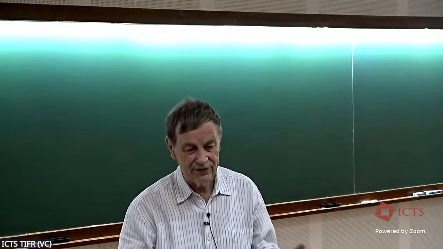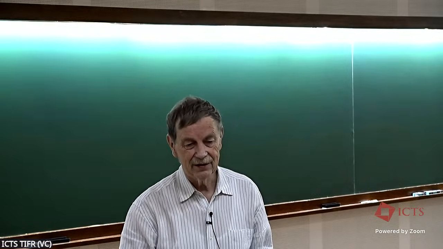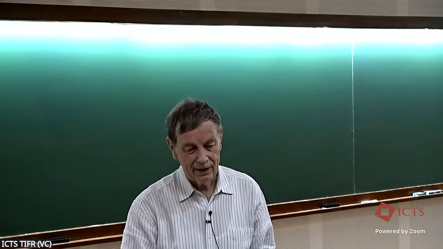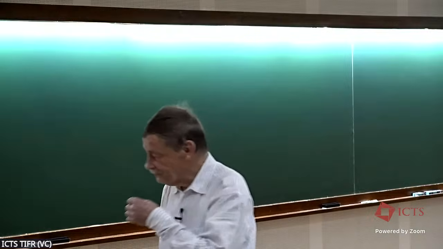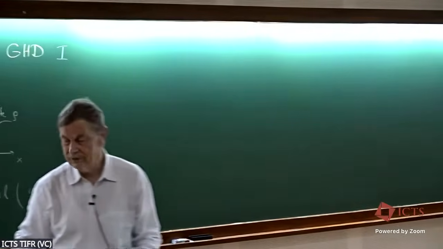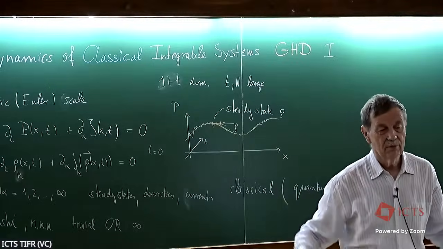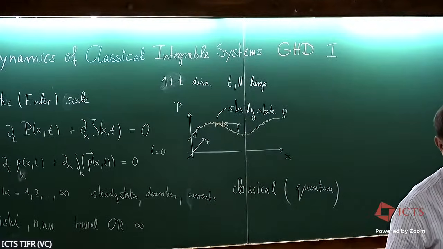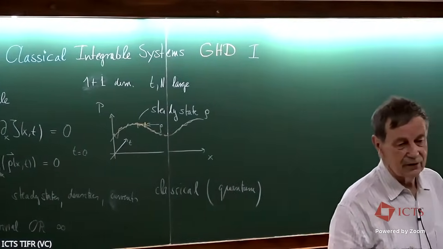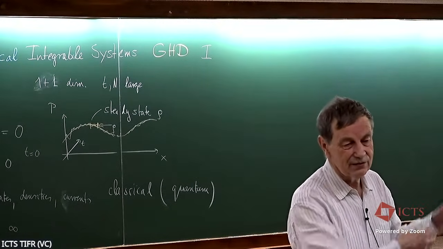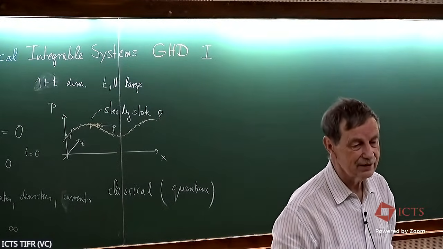When you look at steady states or densities, one basic step is to figure out how many conserved fields you have. If you don't understand this, there's no chance to write down the correct hydrodynamic equation.